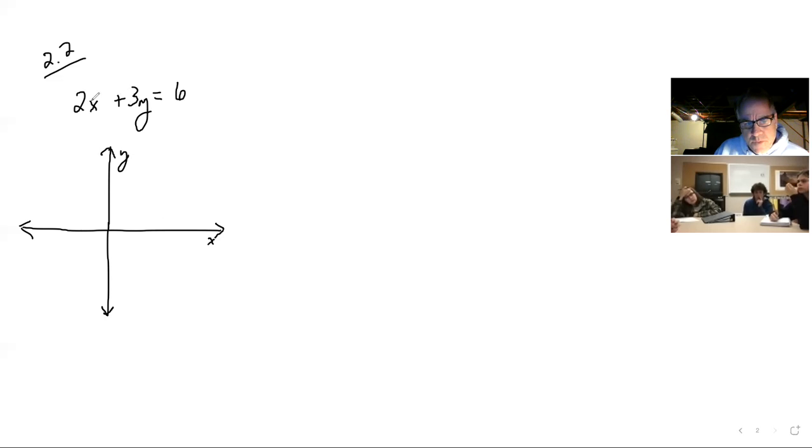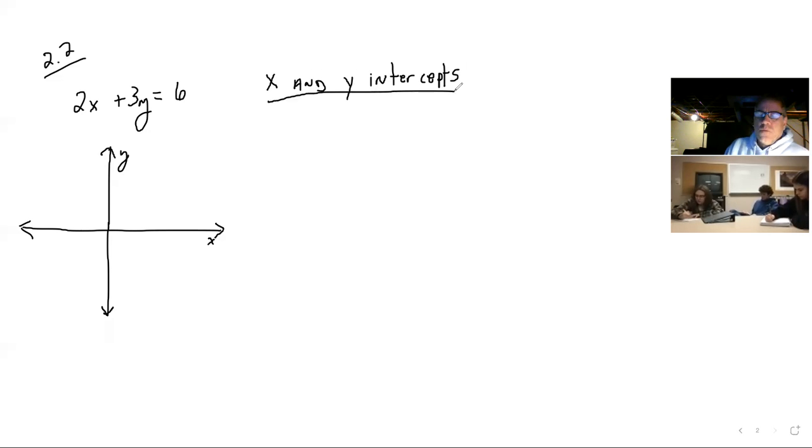Now, one of the things you'll do in this section is talk about finding x and y intercepts. Anytime we sketch a graph, we always want to find any intercepts, and what we mean by that is where the graph crosses or touches the x-axis and y-axis.